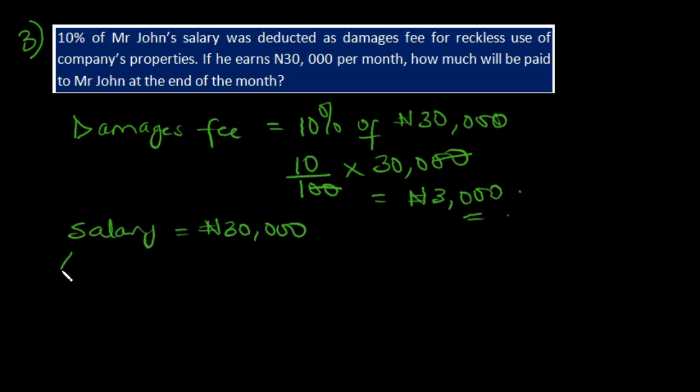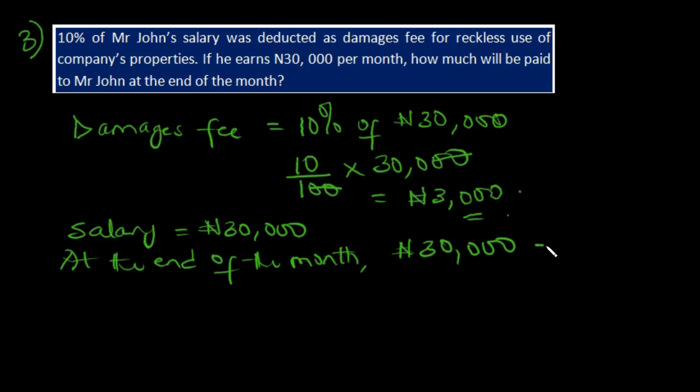So that means at the end of the month, Mr. John will have to take 30,000 naira minus 3,000 naira. So we have 27,000 naira.